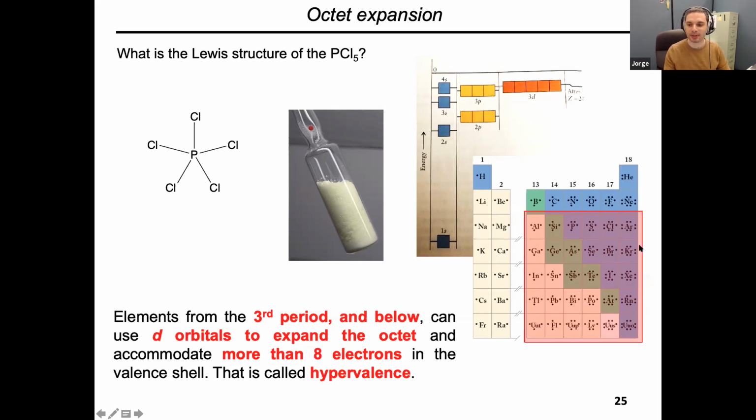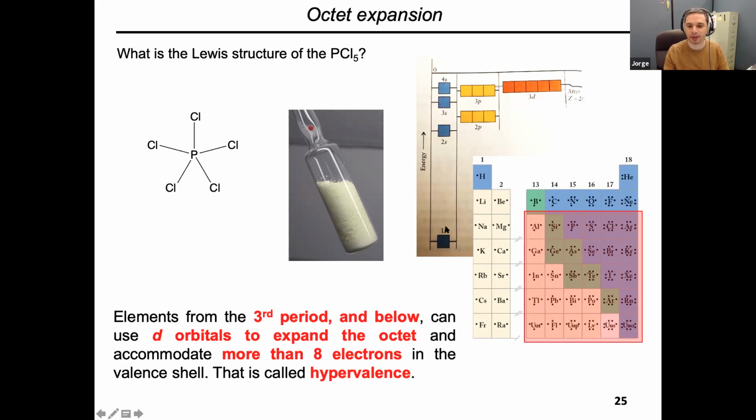Those elements are any element from the third period of the periodic table and below. I'm showing them here in red. Those are all the elements that are capable of expanding the octet and accommodating more than 8 electrons in the valence shell.